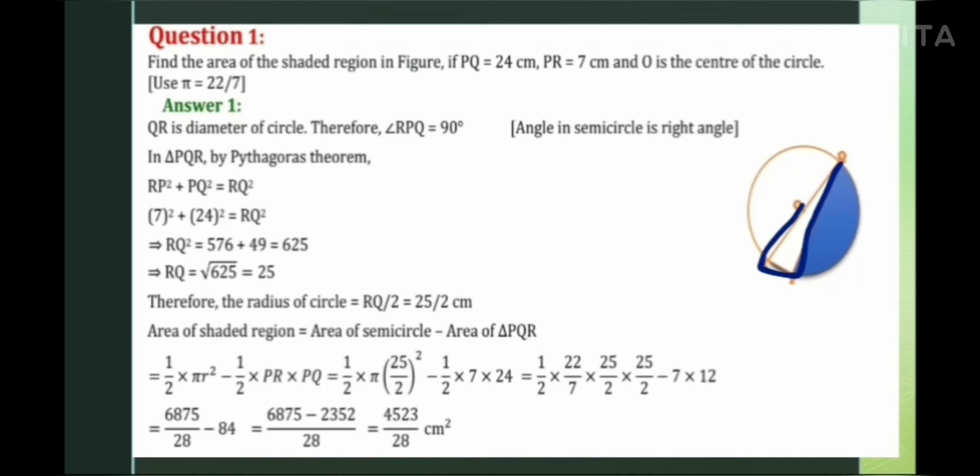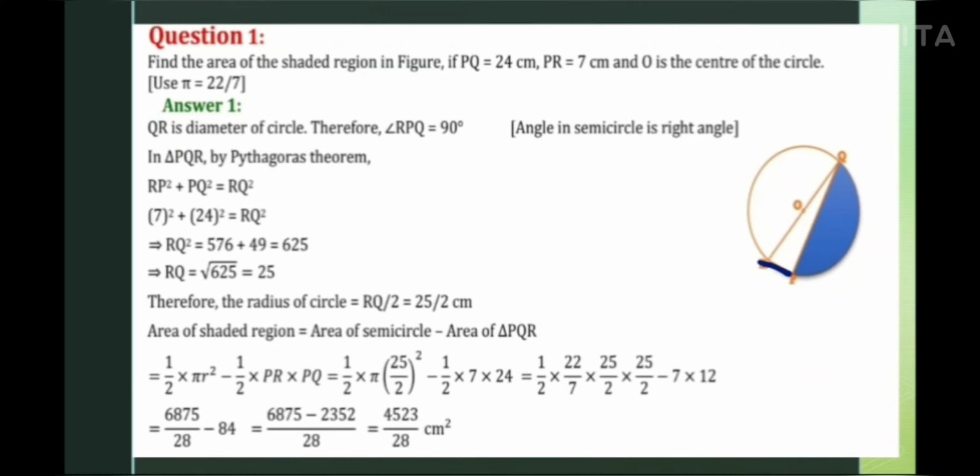So how can you find the area of this green section? Look here. You will find the area of the OAC sector, and then from that value you will subtract the area of the OBD minor sector.